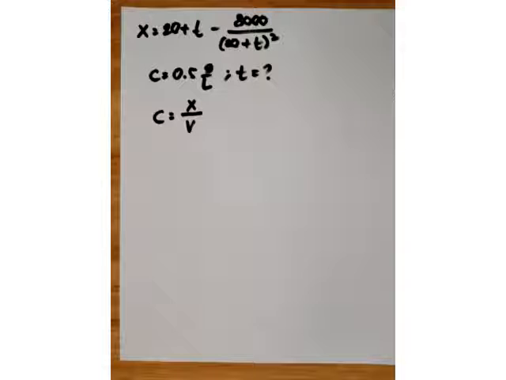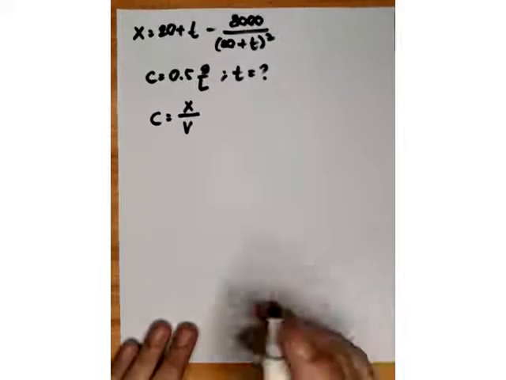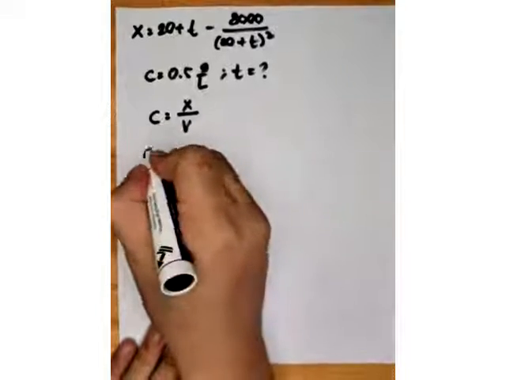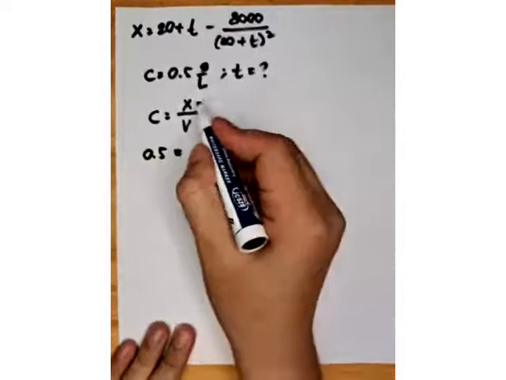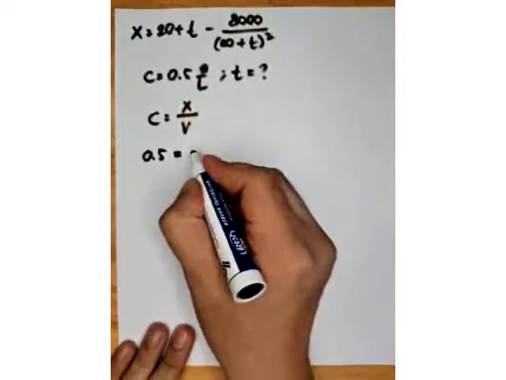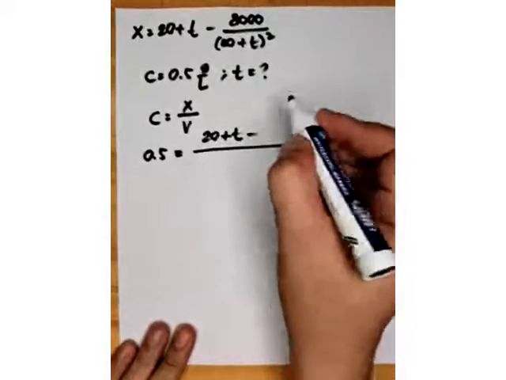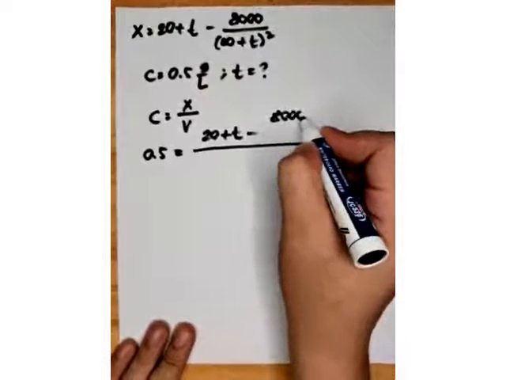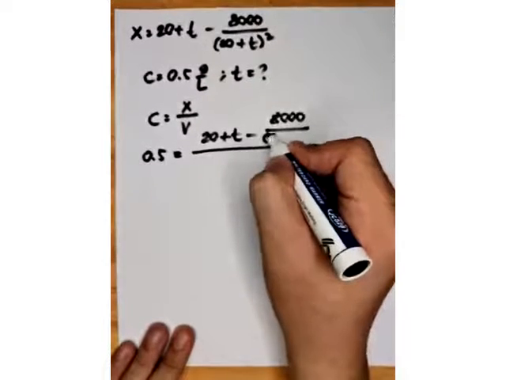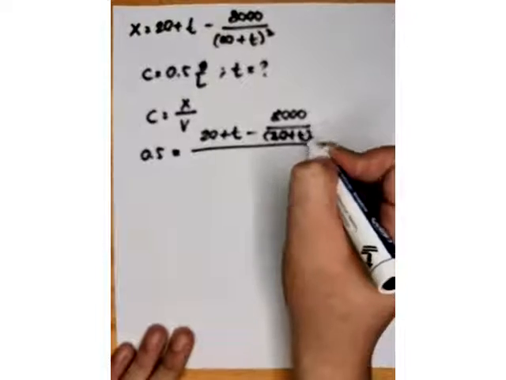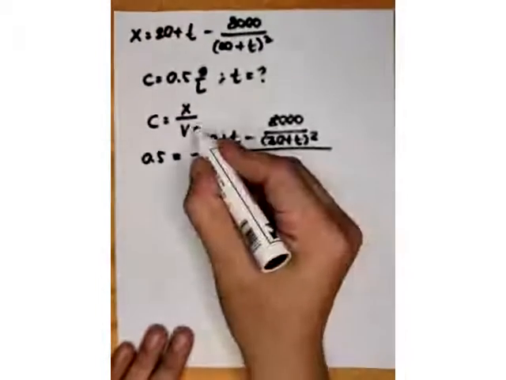Complicated. Anyway, it's the only way I know. Ano yung concentration natin? 0.5. So that's equal. Ano value ng x? So yun yung x natin. So that's 20 plus t minus 8,000 over 20 plus t squared over, ano ba yung volume?